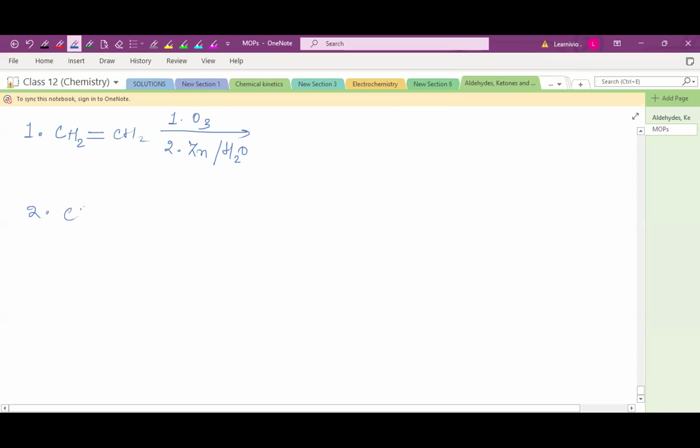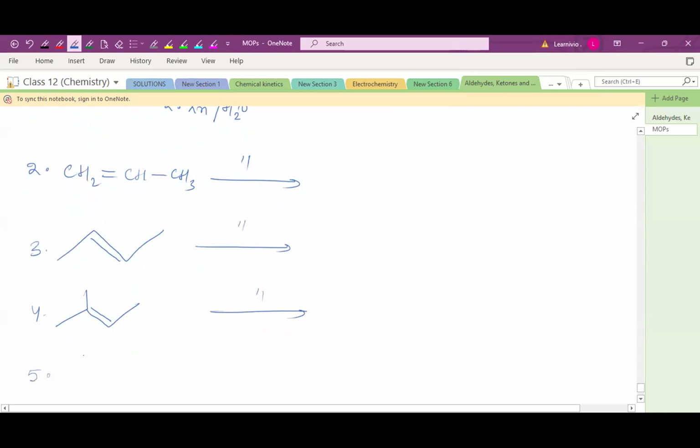Second question, CH2 double bond CH3. Same. Third. The reagent will be the same in all the cases. Just quickly write down the product.